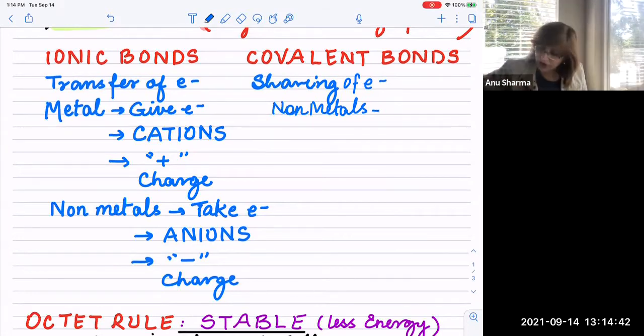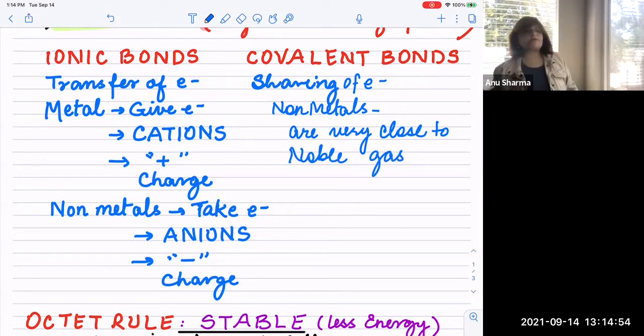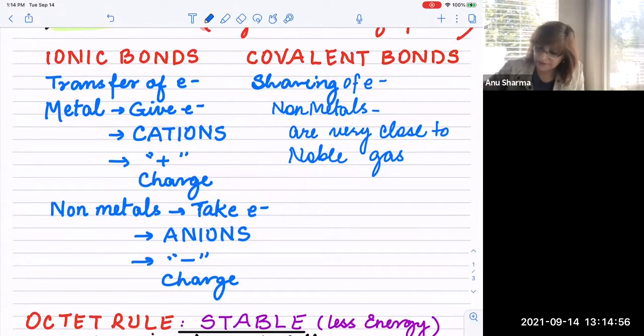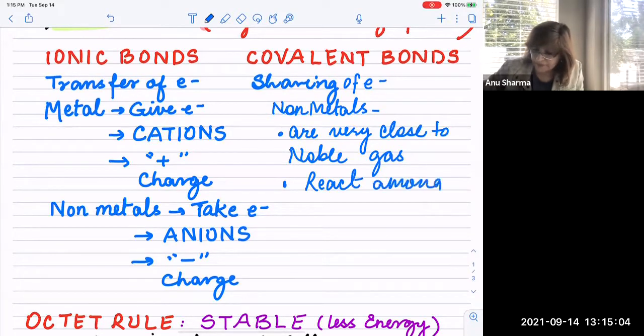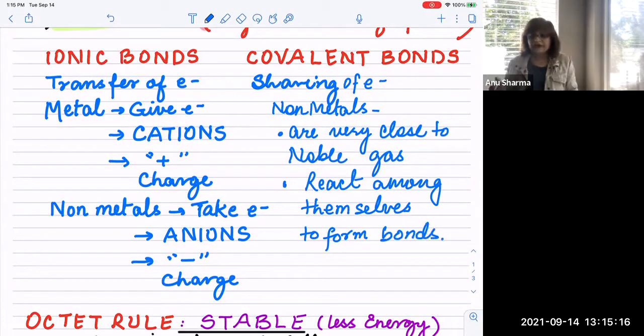Generally, most of the non-metals are very close to noble gases. So this is the reason why these non-metals react among themselves to form bonds, and these bonds are the covalent bonds, okay.